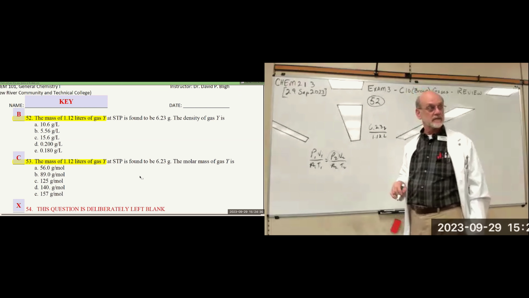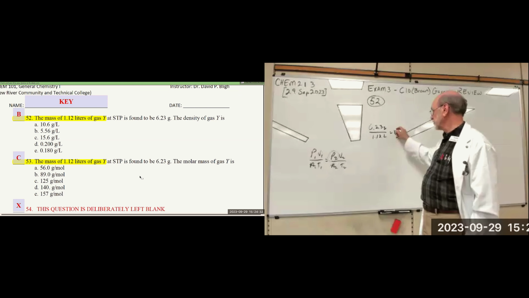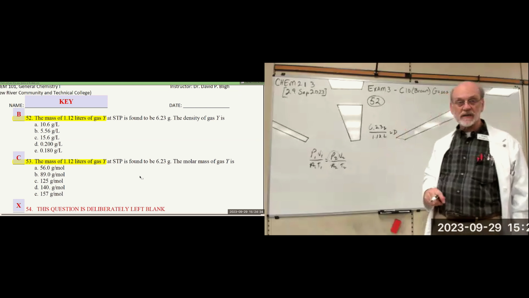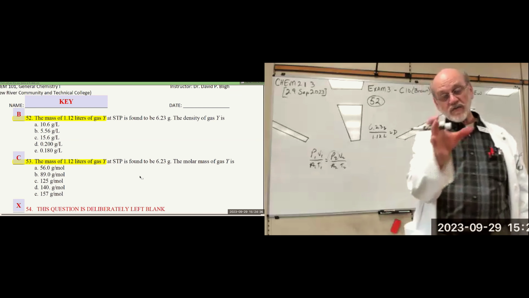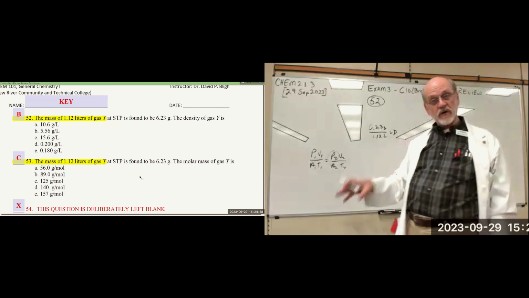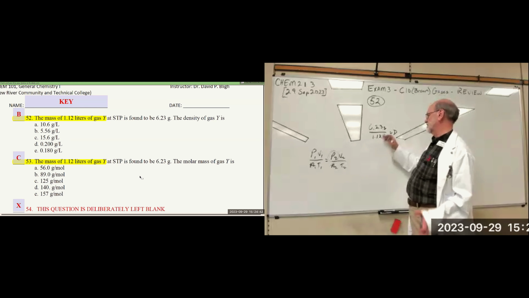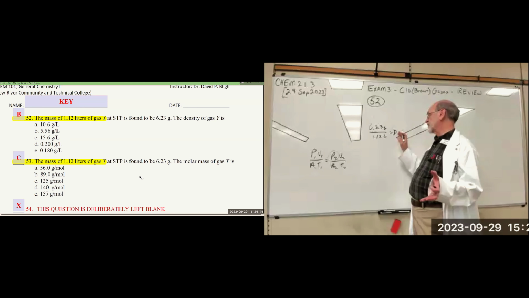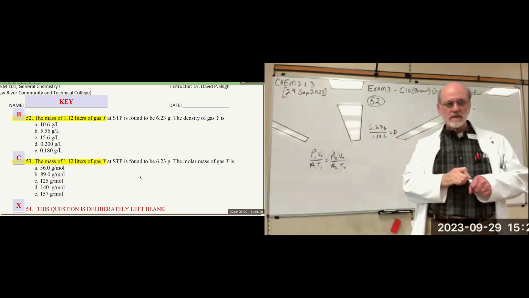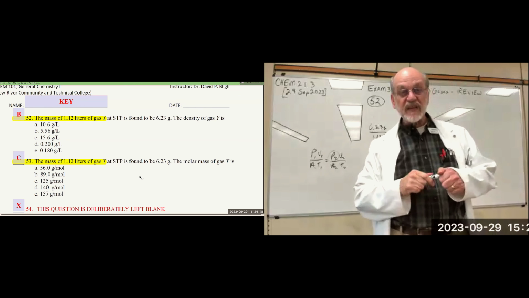That's the density. Mass per unit volume. And all of our answers are in grams per liter, so we know we're on the right track here. That would be about 5 or 6. Right, closest one to that is B.